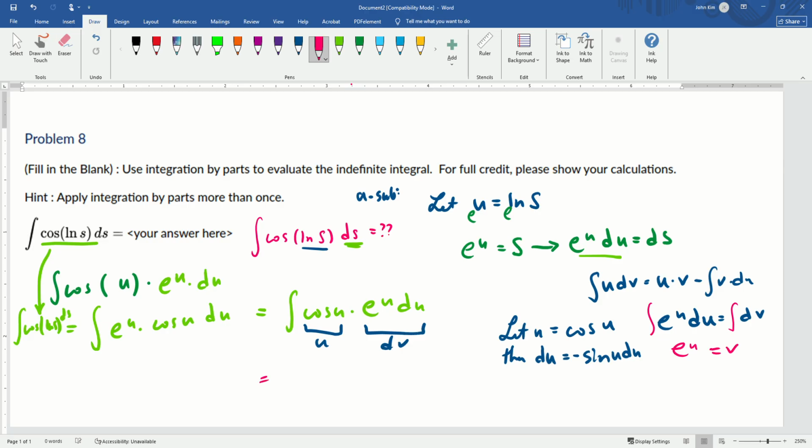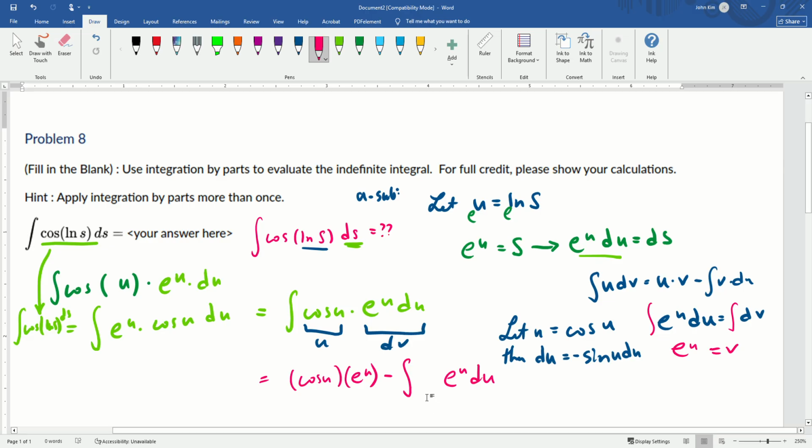So that should equal u times v. U is cosine of u times v, which is e to the u, minus integral of v, which is e to the u, times du, where du is negative sine of u.